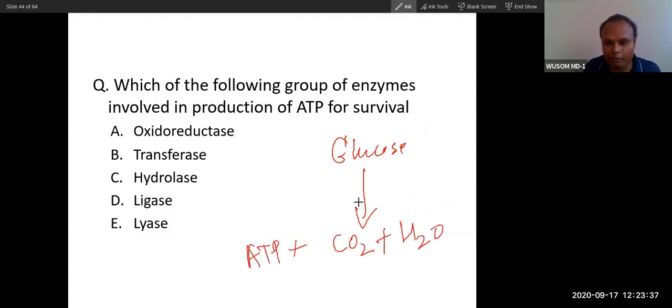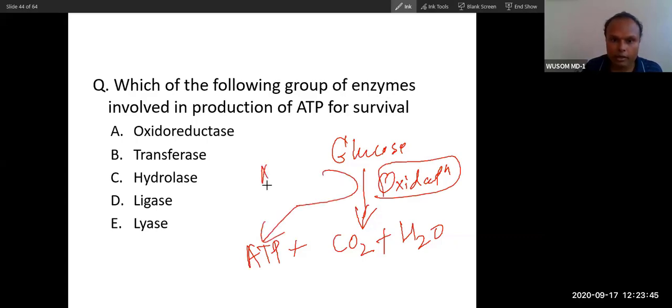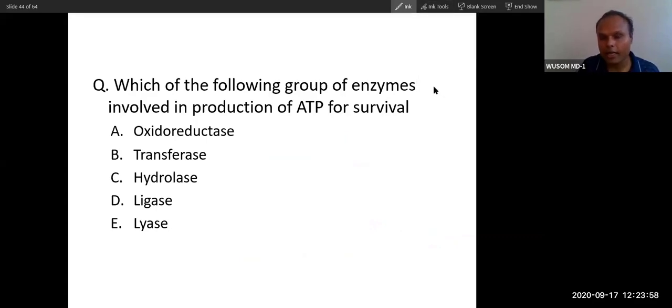So oxidation is the main reaction that will release ATP. We will use this concept during our pathway study. Wherever ATP is produced, it is because of this oxidation-reduction reaction. We will talk about this in detail in our pathway.